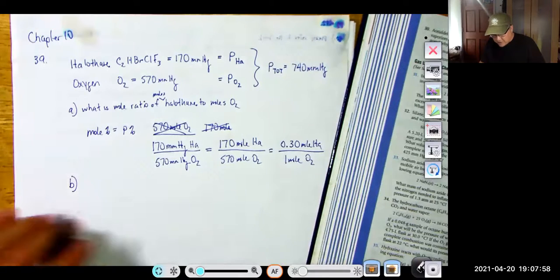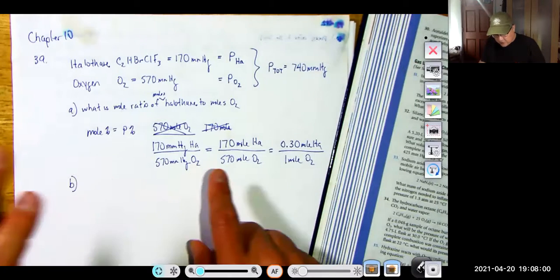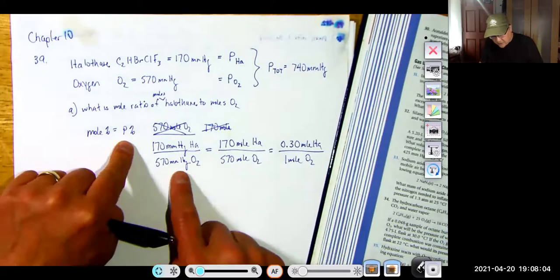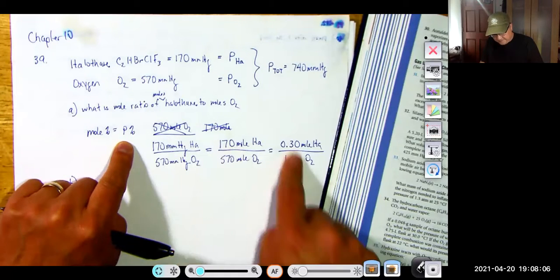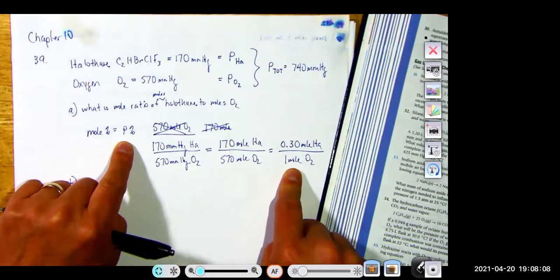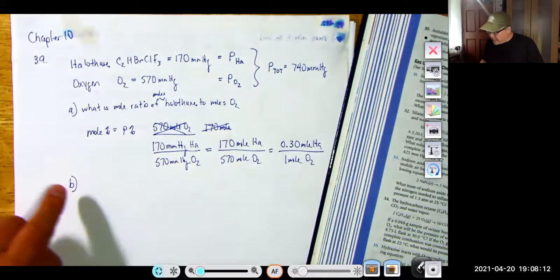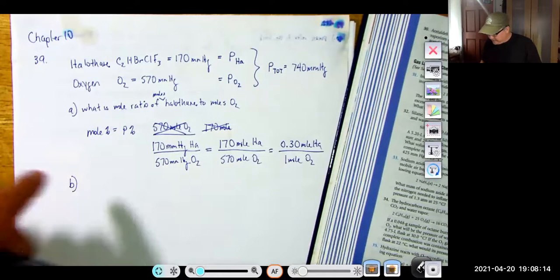So you just want to make sure that you're showing what's going on here. Because mole percent is the same as pressure percent, the pressure becomes moles. Maybe things will become more evident with B.